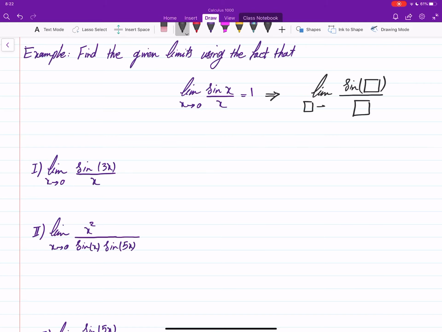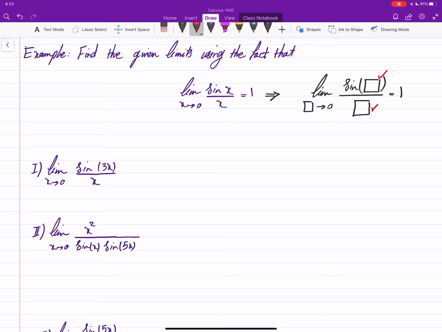And to be able to say that that limit is 1, you have to check two things. One is that whatever is inside the sine function should be divided by exactly the same thing. The denominator should be exactly the same thing.